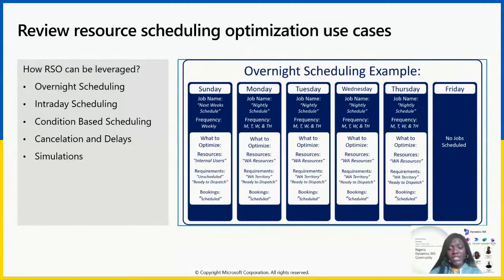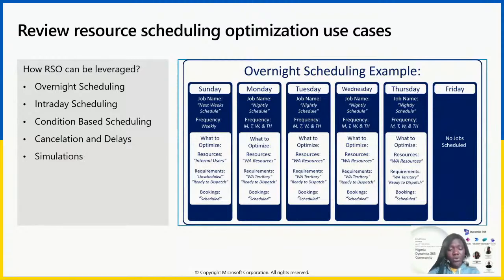Overnight scheduling is probably the most common way of leveraging RSO to optimize schedules. Typically, the optimization job is working with large amounts of data. For this reason, it is most effective to define schedules that will run RSO jobs after normal business hours.